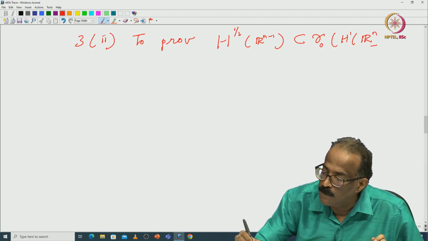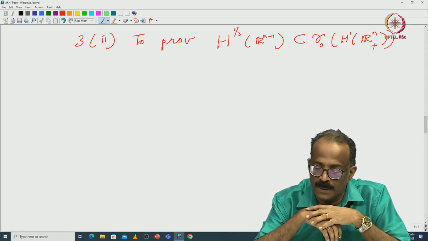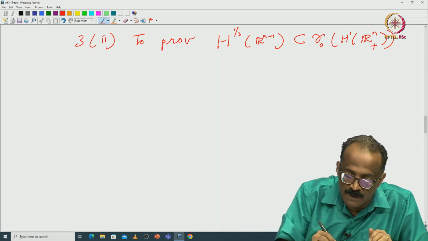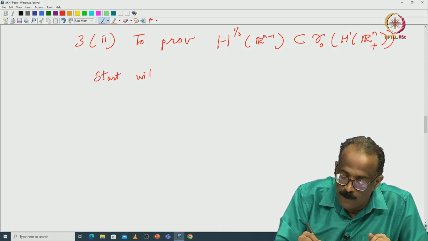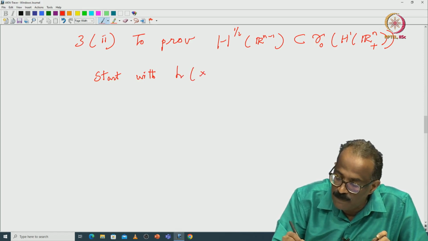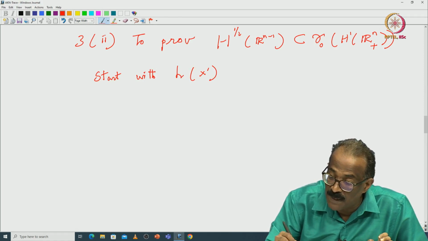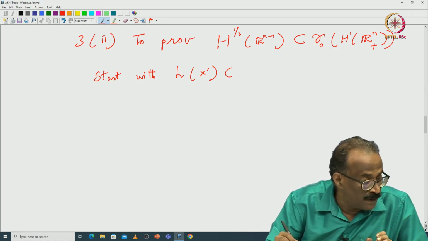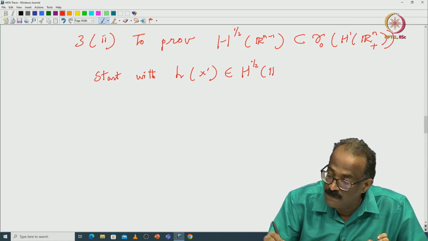What I will do is probably stop here. I don't think I will be able to finish everything. To start with, take V, some H x prime. The idea is to do an extension. You see, H prime is given in H half of Rn minus 1.